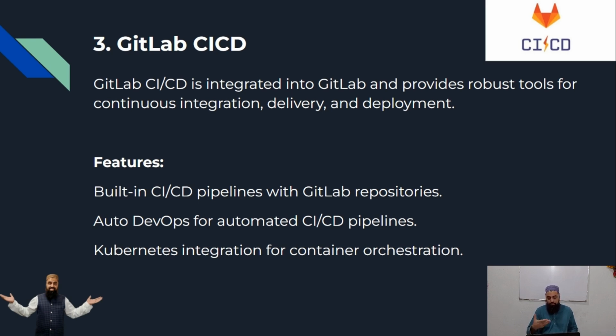The features are built-in CI/CD pipelines with GitLab repositories, Auto DevOps for automated CI/CD pipelines, and the third most important feature is Kubernetes integration for container orchestration. So these are the features of GitLab CI/CD, and it is the third most important and lovable CI/CD tool.